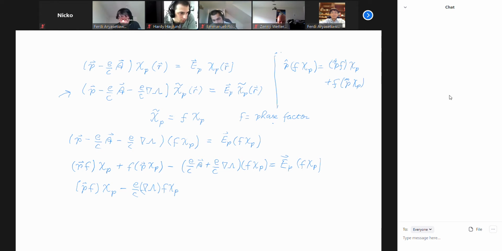I'm just collecting the terms in a slightly different way because I want to make use of the other equations when we do not have the gauge.